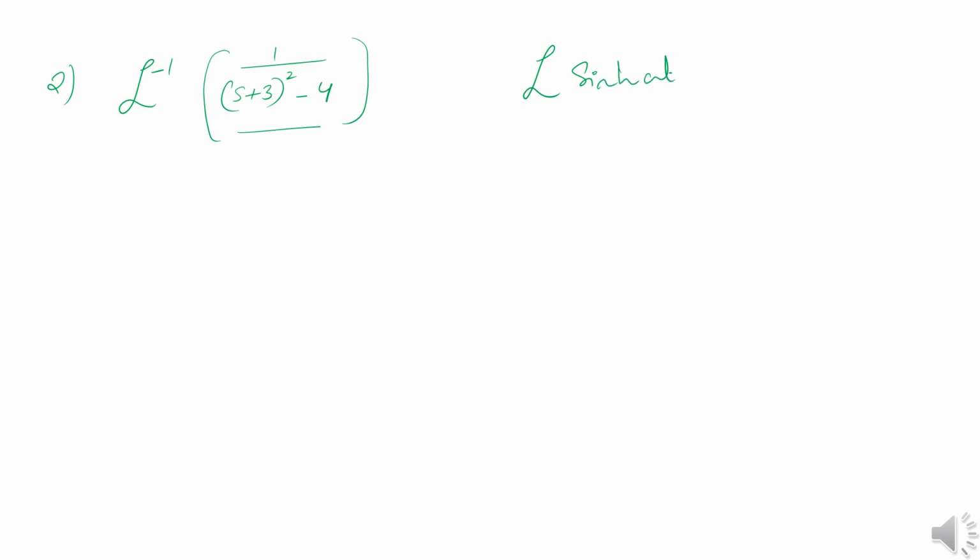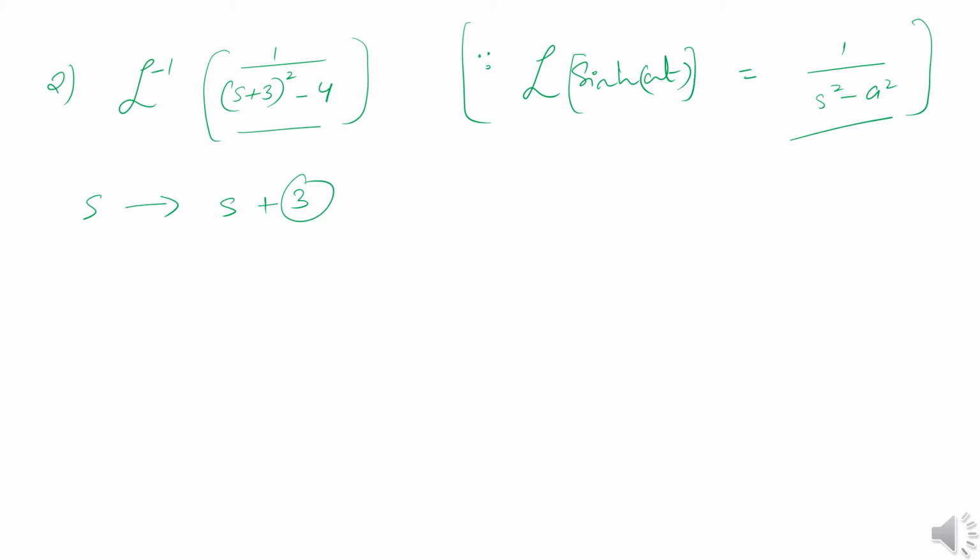The Laplace transform of sine hyperbolic at is a over s squared minus a squared. Comparing this with the question and using the change of scale property, s is changing to s plus 3, and because of this 3, e raised to the power negative 3t is multiplied by the function of sine hyperbolic at.